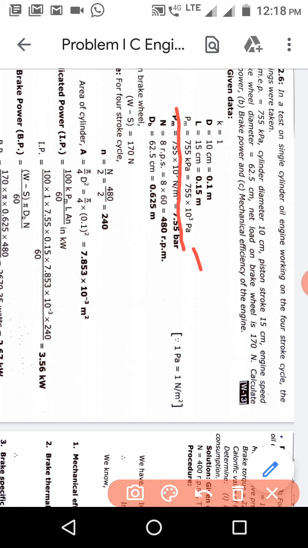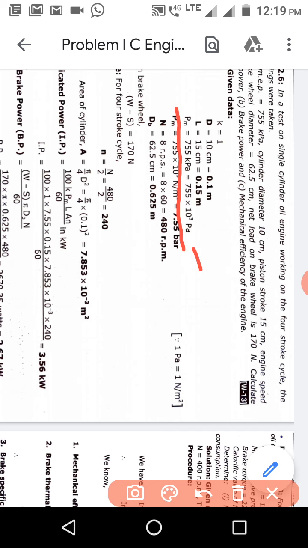Now we convert this pascal into bar. 1 into 10 raised to power 5 Newton per meter square is nothing but the bar, so for converting pascal to bar, we divide by 10 raised to power 5.